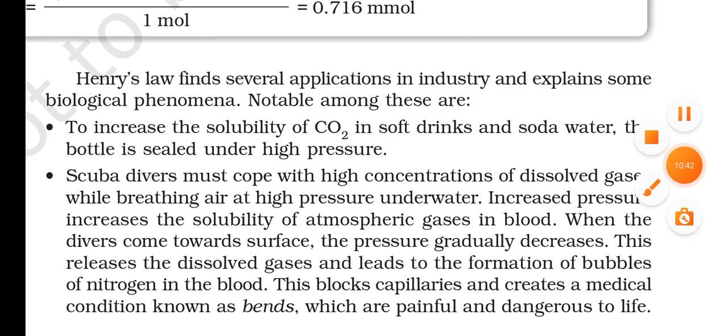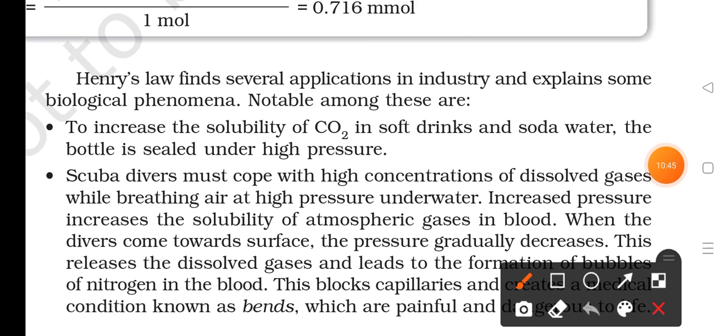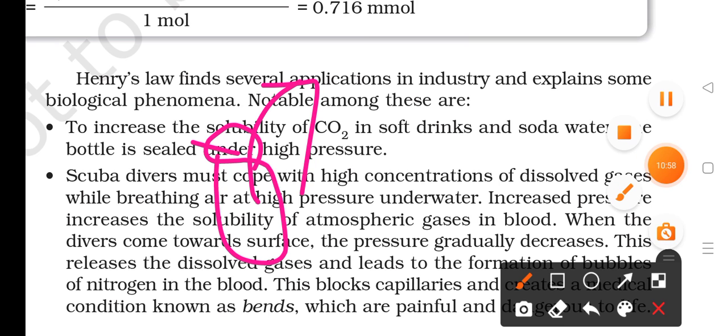Whenever you open any bottle of soft drink, gas suddenly goes out. Why does this happen? Whenever you open this seal, the gases suddenly rush out.